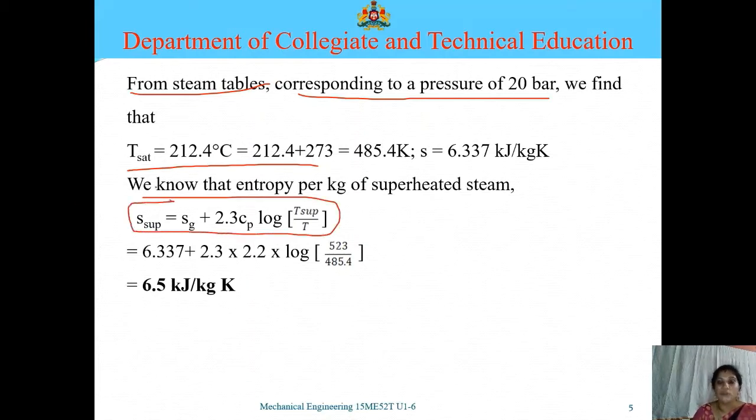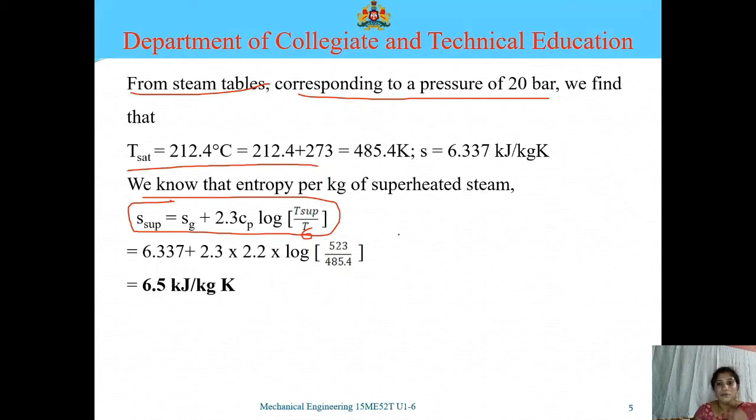We need to find out the superheated steam entropy: S superheated equals Sg plus 2.3 Cp log base 10 of T superheated by T saturated. Why 2.3? To convert the natural log into log 10, I am multiplying the equation by 2.3.